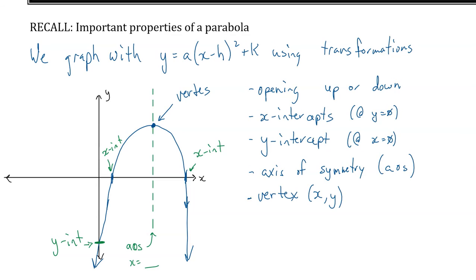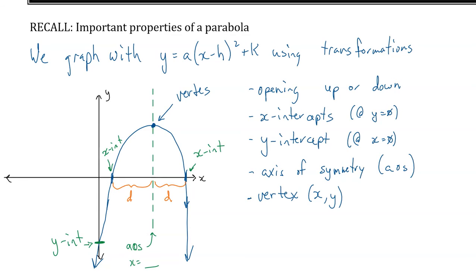And then the axis of symmetry. Well, there's something about parabolas that we have to notice that's going to help us determine the axis of symmetry. Okay, and it's this. This distance and this distance are equal.